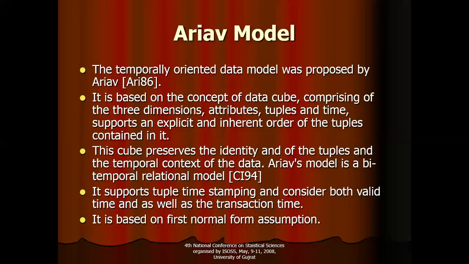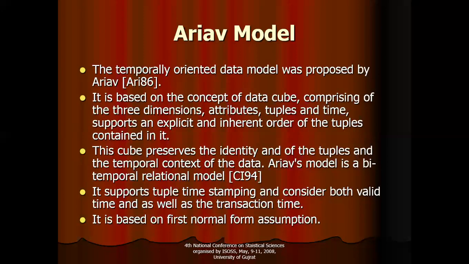Arrive model is a bitemporal relational model. As we have discussed earlier, there are various kinds of temporal models. In the class, and during our online lectures, we have discussed various approaches of temporal models, which include the rollback databases or the historical databases, and there we have also discussed the concept of bitemporal.